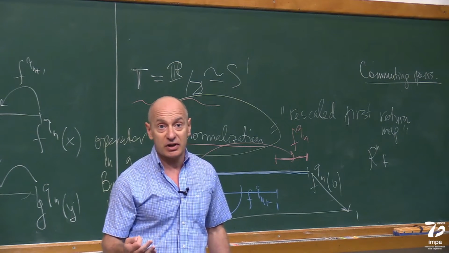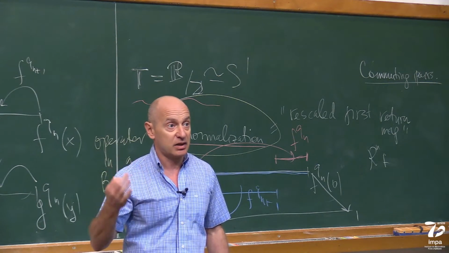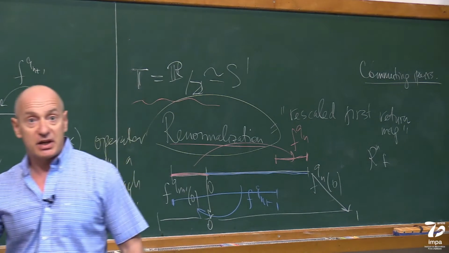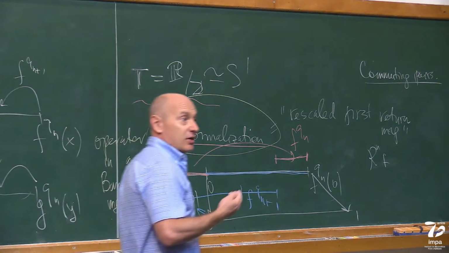Composition is not smooth if you consider this as a map from C^k times C^k to C^k. It's just not smooth. It's smooth as a map from C^k times C^k to C^(k-1). Students in the audience are welcome to check it right now.